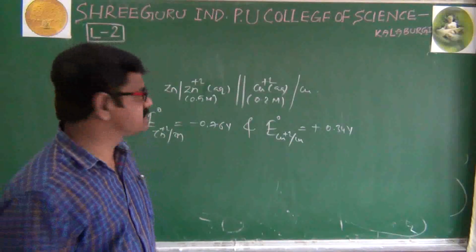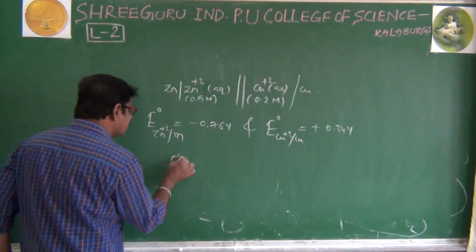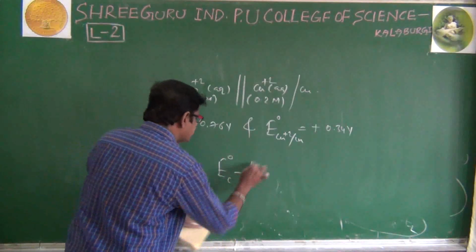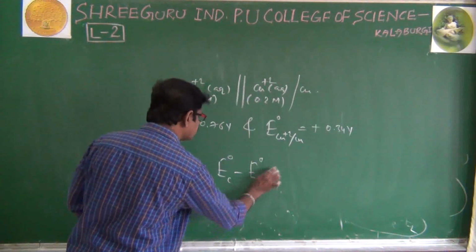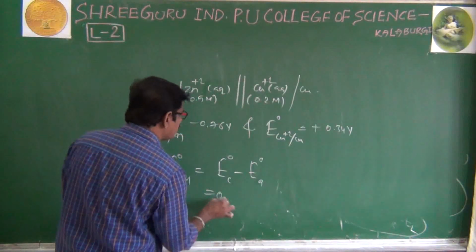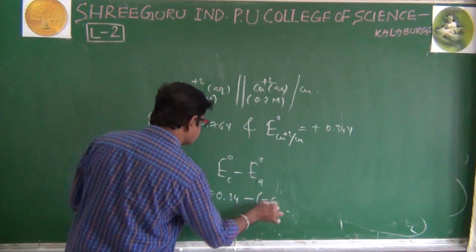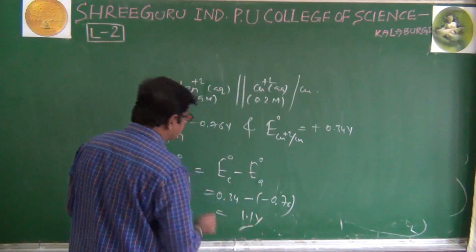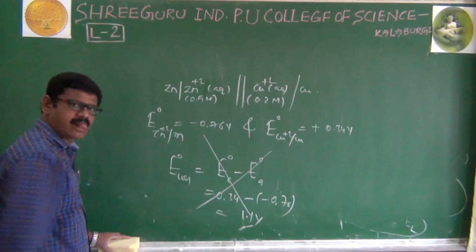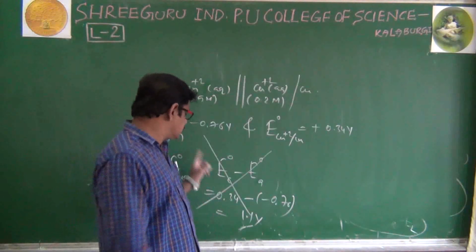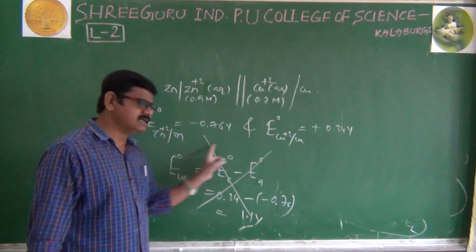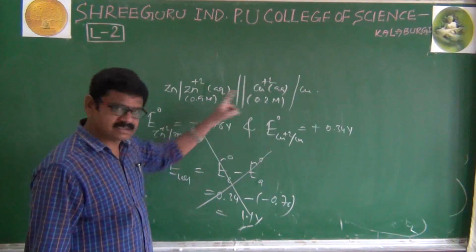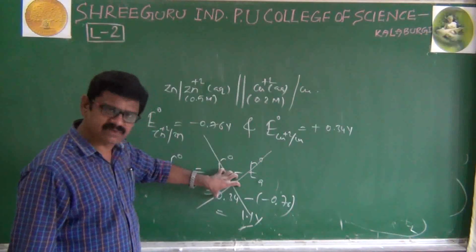What is its cell potential? If you write E naught cell equals E naught cathode minus E naught anode, that is 0.34 minus of minus 0.76. Suppose you write 1.1 something, that is absolutely wrong, because this formula is used particularly when 1 molar concentration is given.